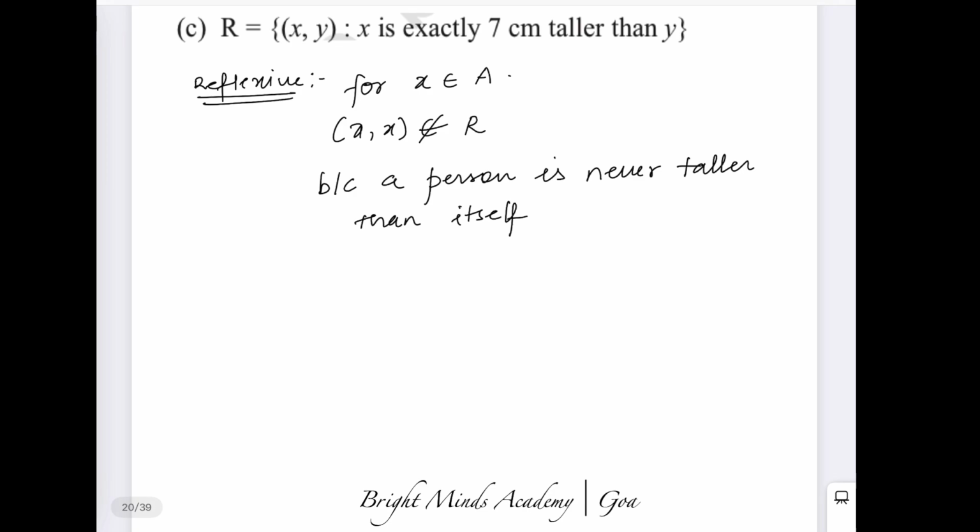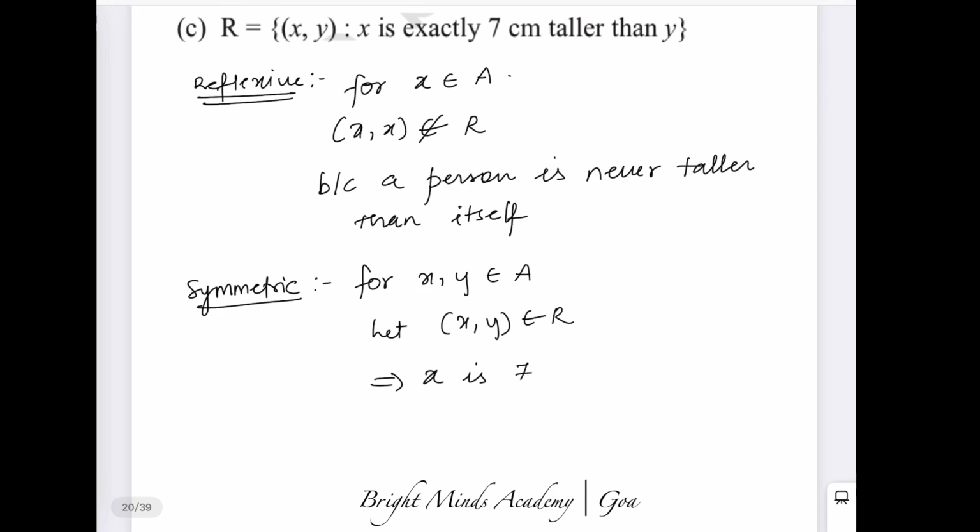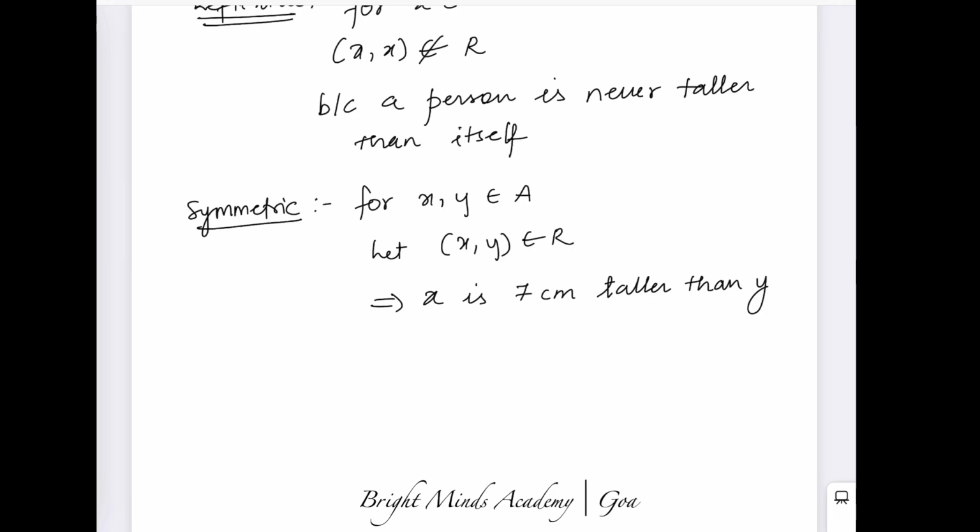Now next we'll check for symmetric behavior. For (x, y) belonging to the set A, let (x, y) belong to the relation R. This implies that x is 7 centimeters taller than y. I'll just draw a reference figure here. Let's say this is x and this is y.